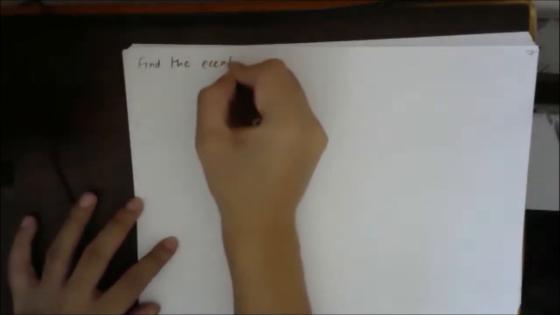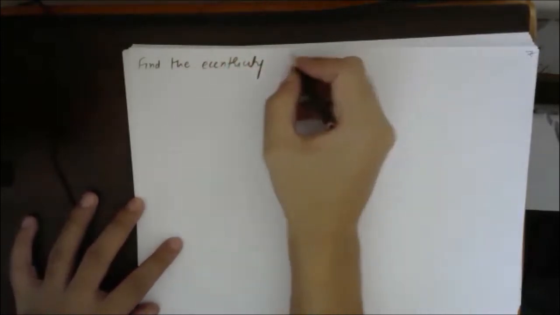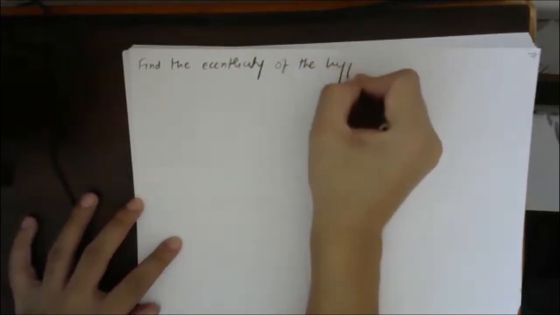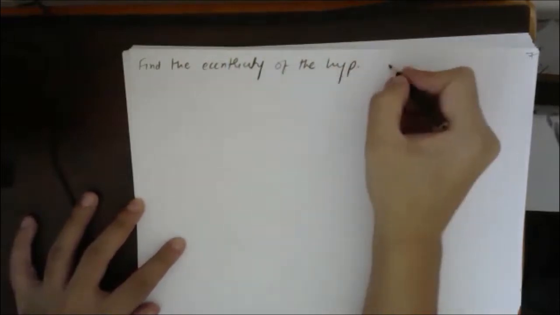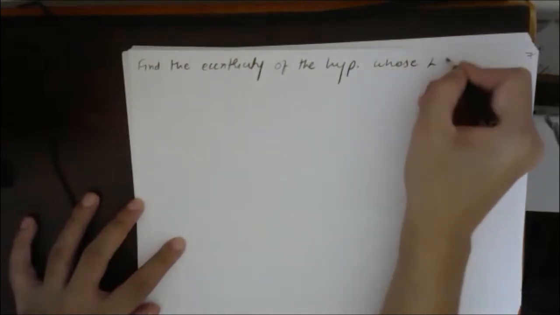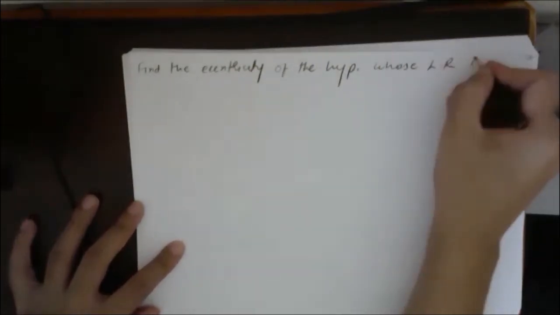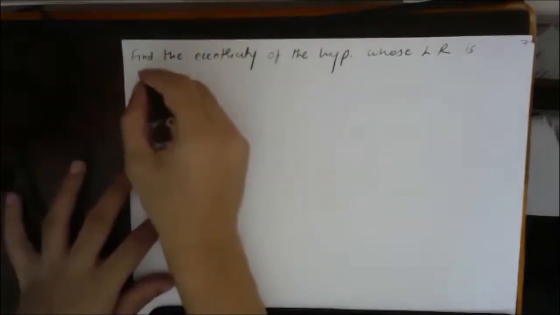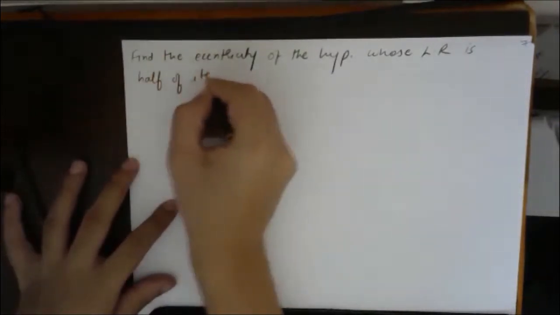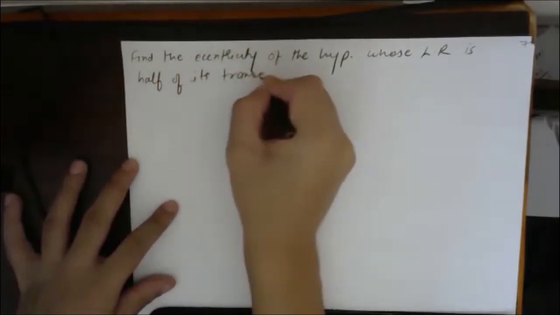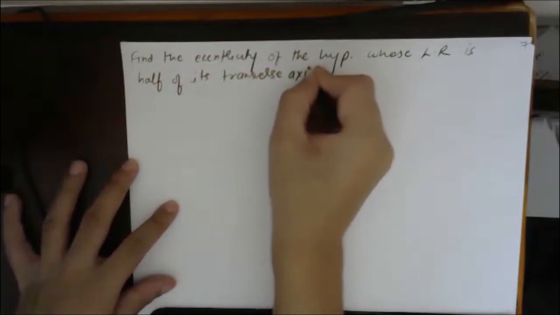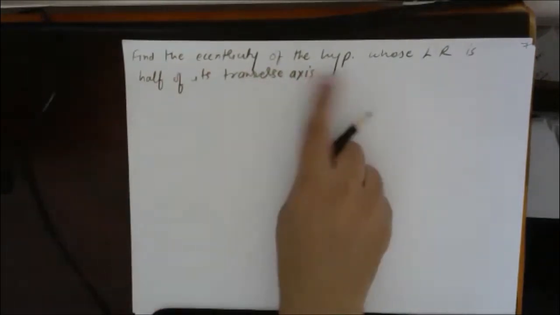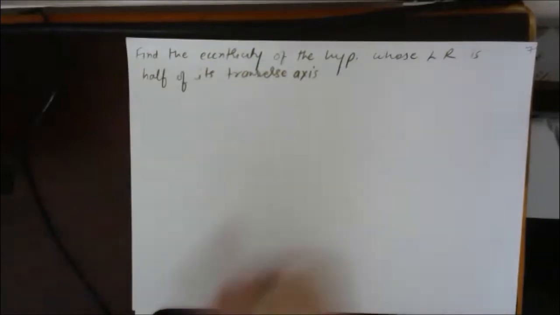The question is: find the eccentricity of the hyperbola whose latus rectum is half of its transverse axis. Okay, find this.